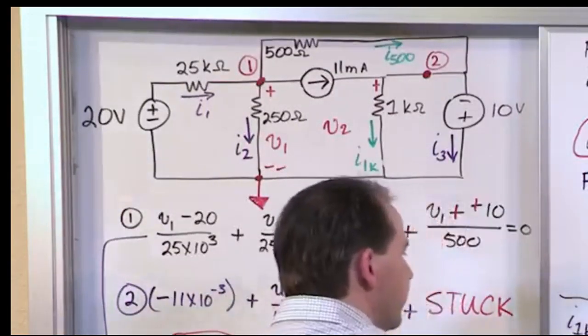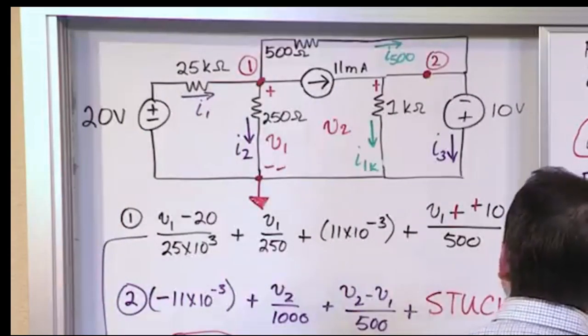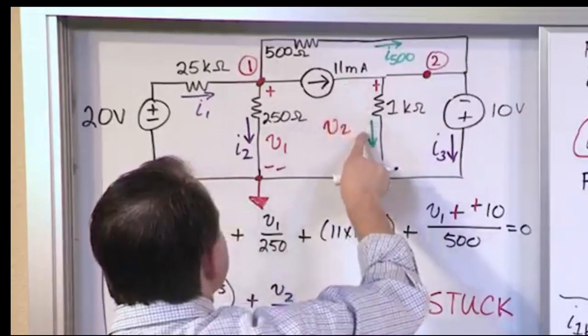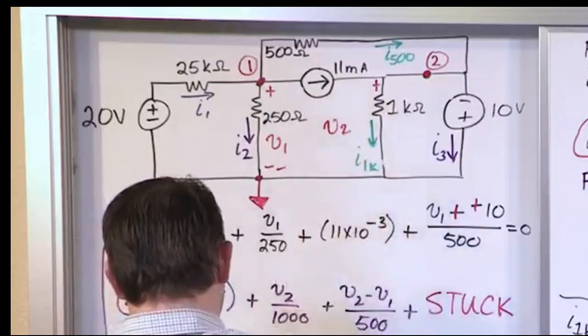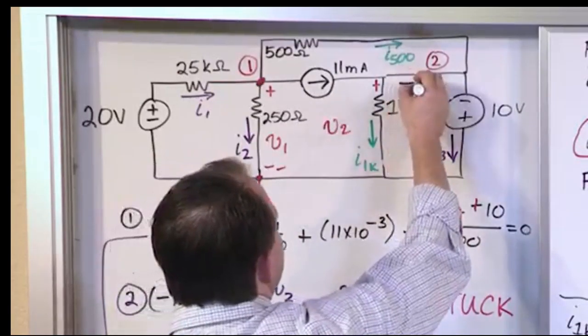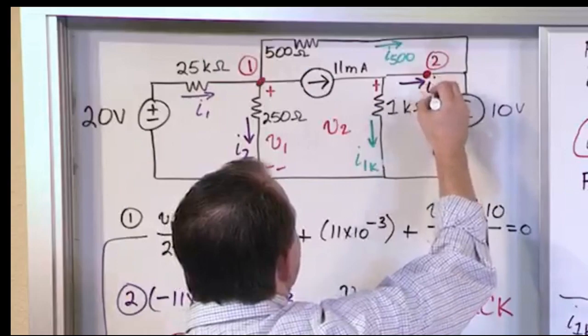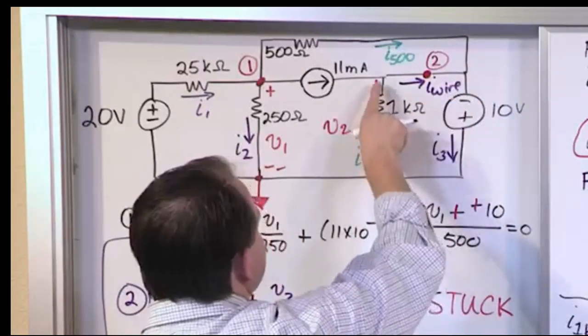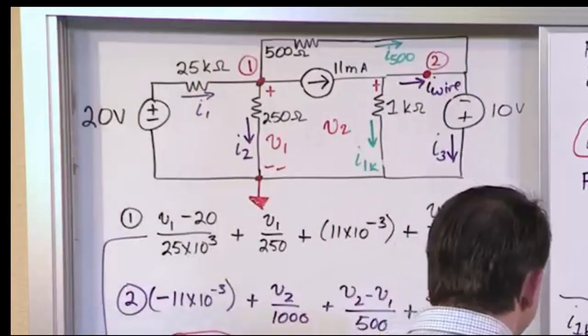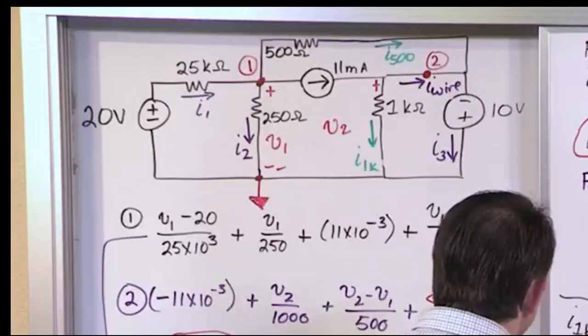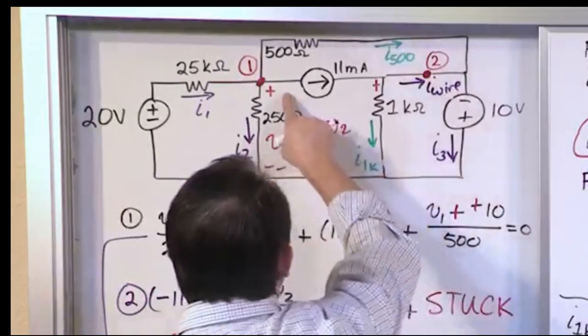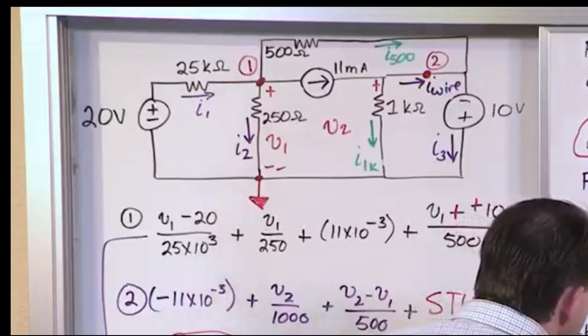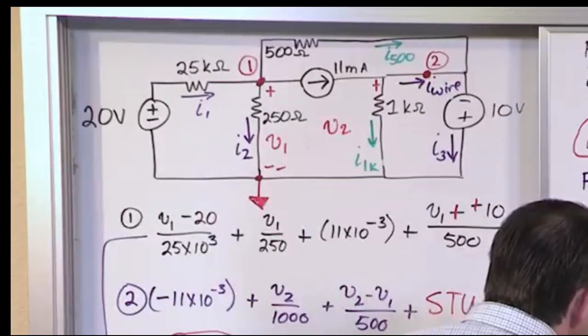So what I'm going to do is label one more thing. These guys are going to sum together to give me the current flowing through this wire. I'm going to call it I wire, because it's going to join up over here. I could do this all in one step, but I wire, what's it going to be equal to? It's going to be equal to the 11 milliamps, 11 times 10 to the minus 3.